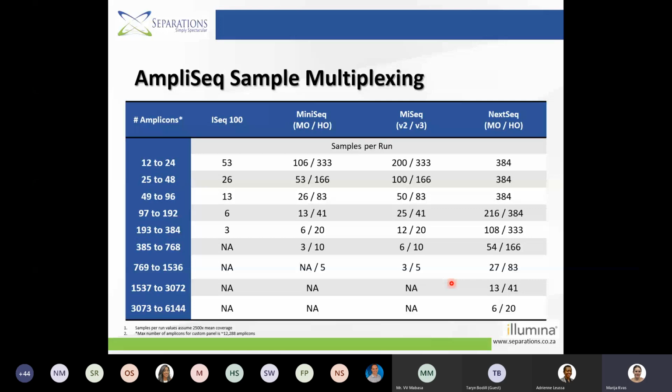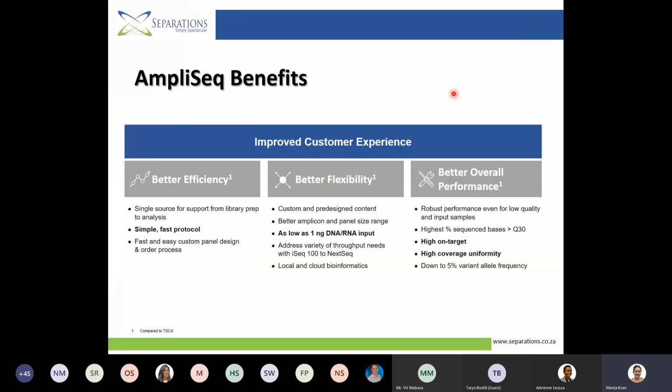So just to show, when it comes to multiplexing of different samples, I will just focus on the iSeq and show you that the fewer amplicons we have, the more samples we can put on the run. But if it becomes more complex, obviously fewer samples we can put, and if it's really larger panels, then we will have to move it to, let's say, a larger instrument.